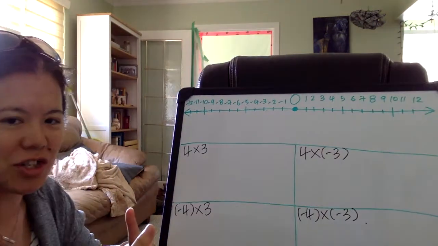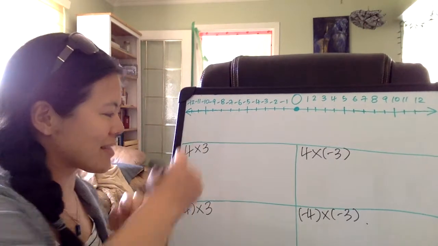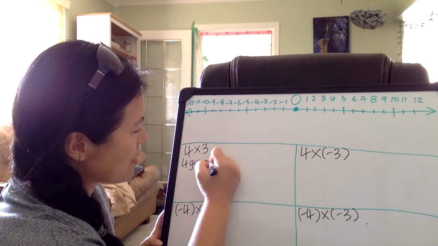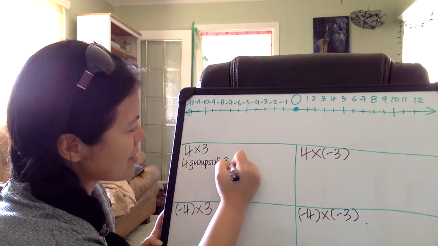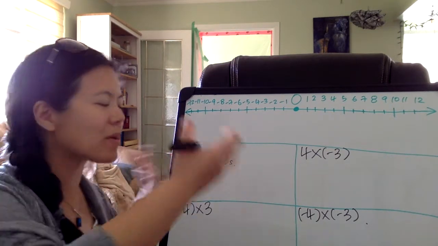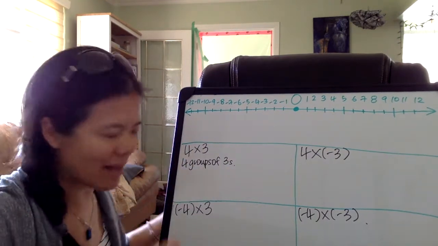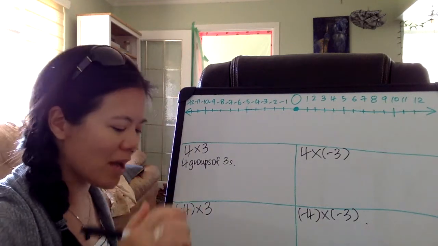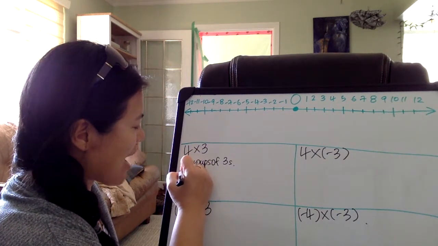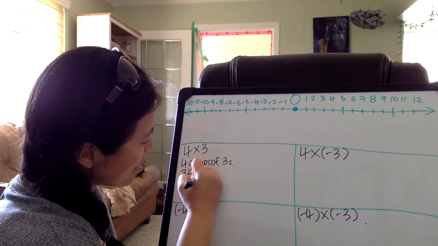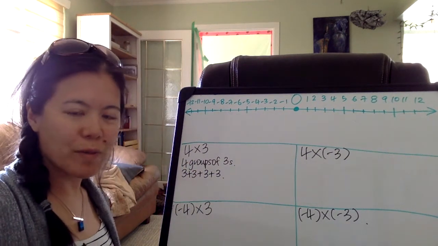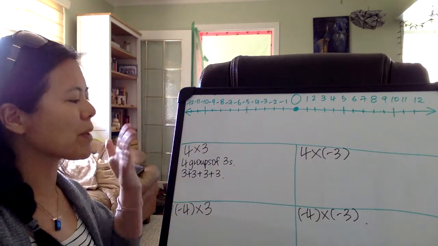Multiplication is repeated addition. That means you can understand it as 4 groups of 3s. You could do it the other way around, 3 groups of 4s, but I'm going to do 4 groups of 3s this time. You can also write this as 3 plus 3 plus 3 plus 3.